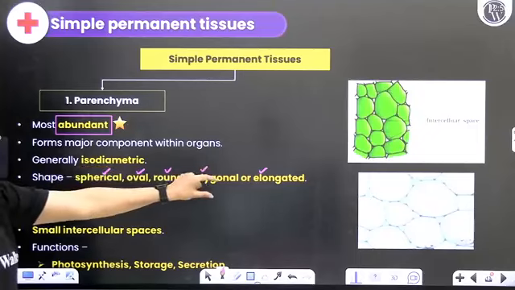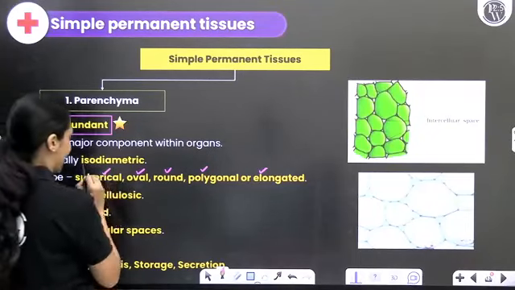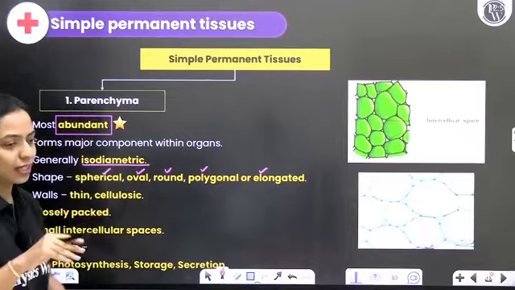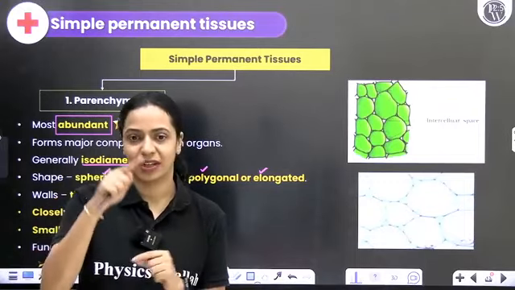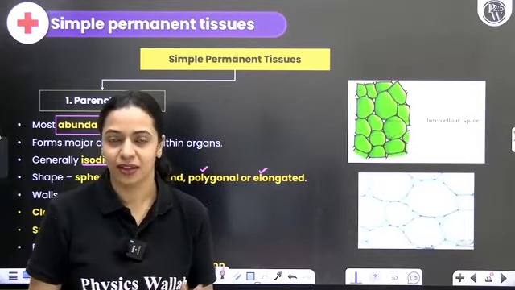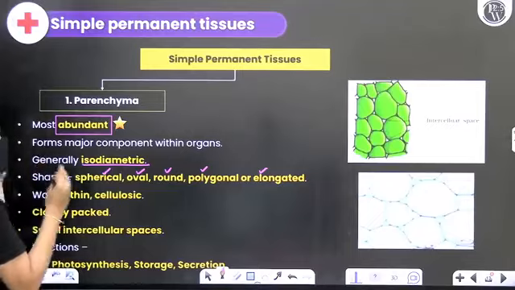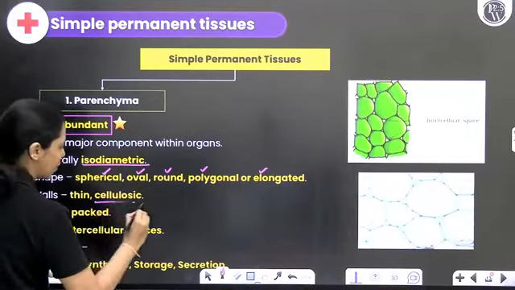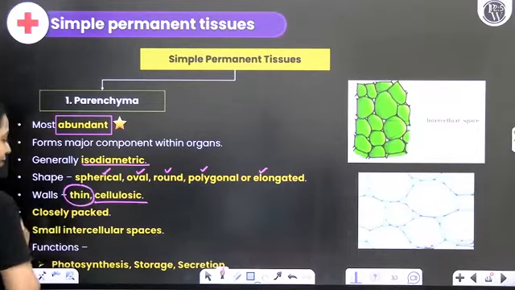So if you can't remember this right now, it's still okay. And generally they are isodiametric. Isodiametric means almost spherical in nature, where the diameter from anywhere will be the same or similar, nearly equal. That is isodiametric. Like I already mentioned, it does have a wall. Like all plant cells, even here the cell wall is made up of cellulose, so the wall is cellulosic and it is thin.